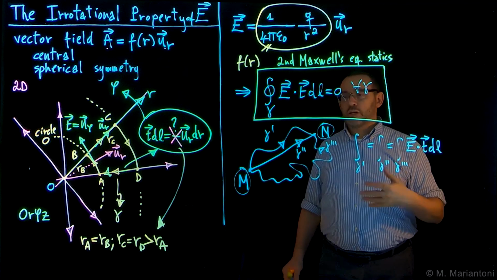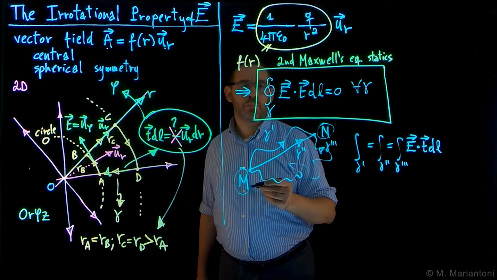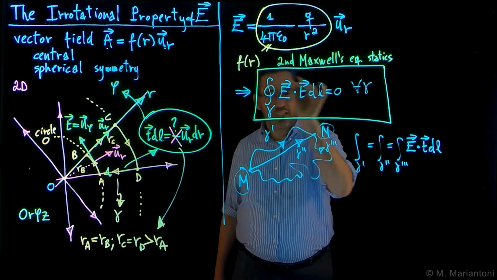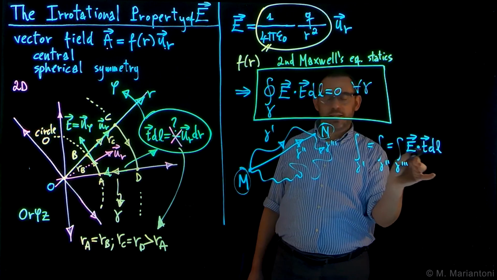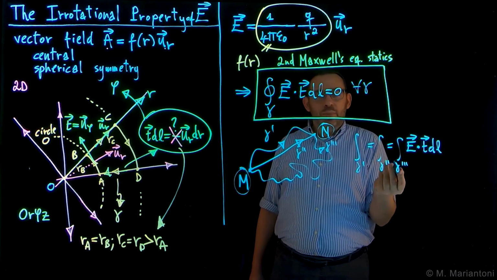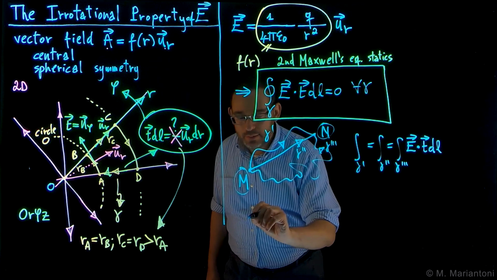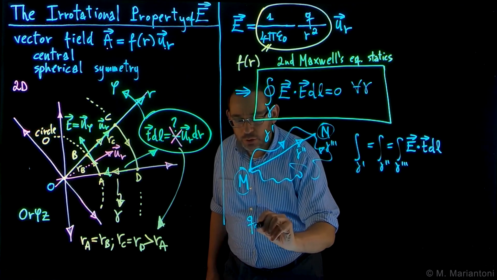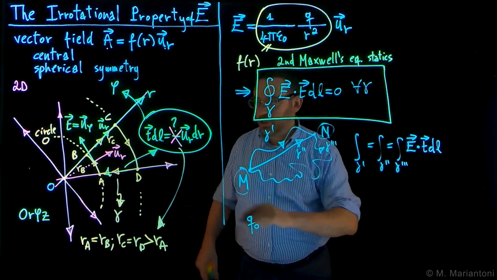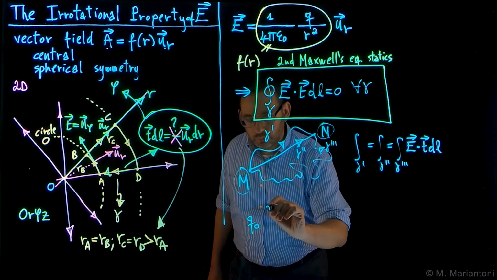Another thing worth discussing briefly here is the meaning of one of these line integrals. What happens if I multiply one of these line integrals by, let's say, the charge q naught, which is our test charge, spanning the three-dimensional space?